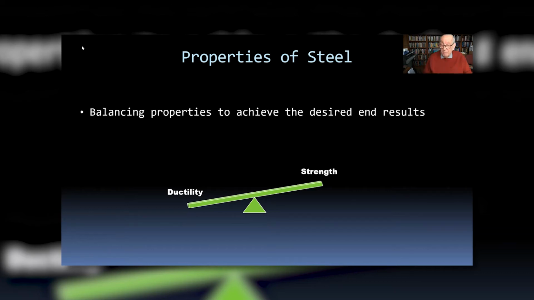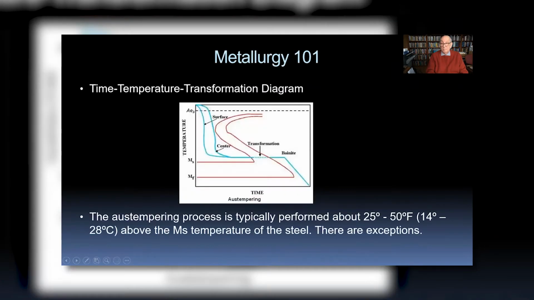And if you remember, the microstructure is what gives us these properties. Now, this is something that is not intended to confuse, but I thought I'd add a little metallurgy into the mix because we are going to talk about several microstructures.